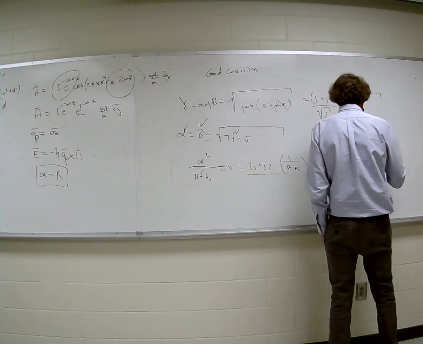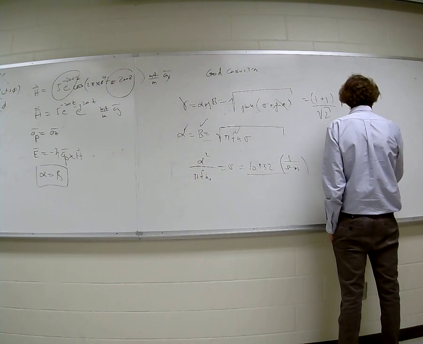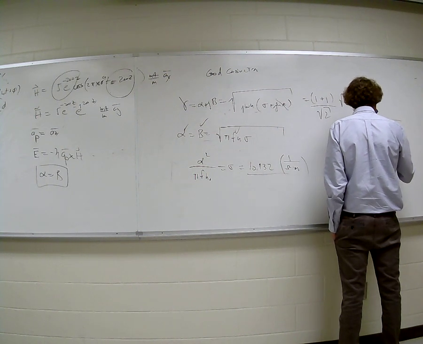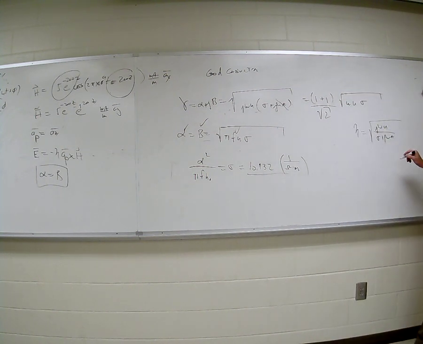And now I can get eta. And eta is the square root of j omega mu over sigma plus j omega epsilon. But because it's a good conductor, we can get rid of that. Correct, class? And most of you got this part right, I think.